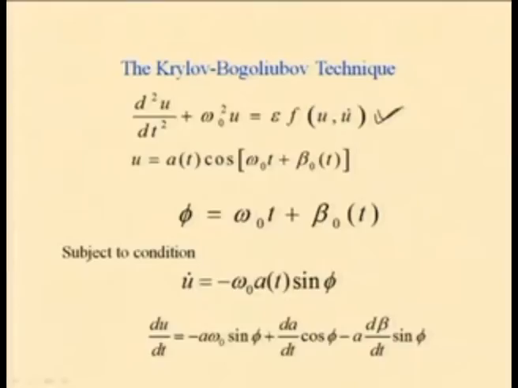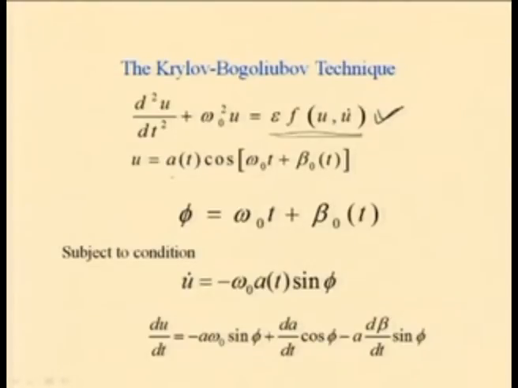Initially, by assuming the right-hand side to be 0, the solution can be written as a cos(omega 0 t plus beta), where a and beta are constants. But when we take the right-hand side term epsilon f, a function of u and u dot, then instead of assuming a and beta to be constant, we assume they are functions of time.